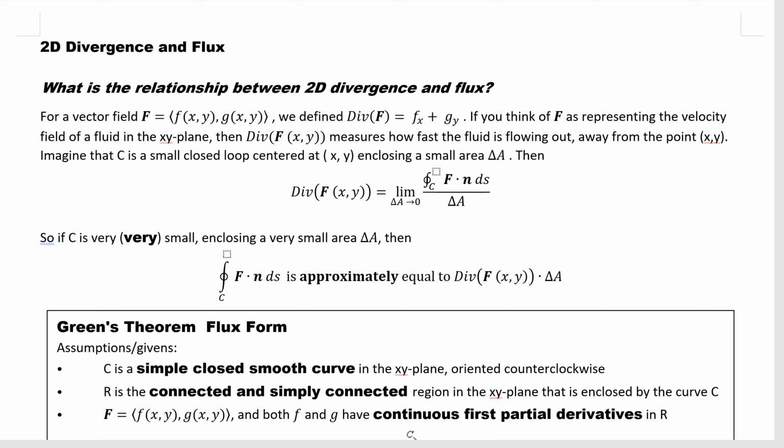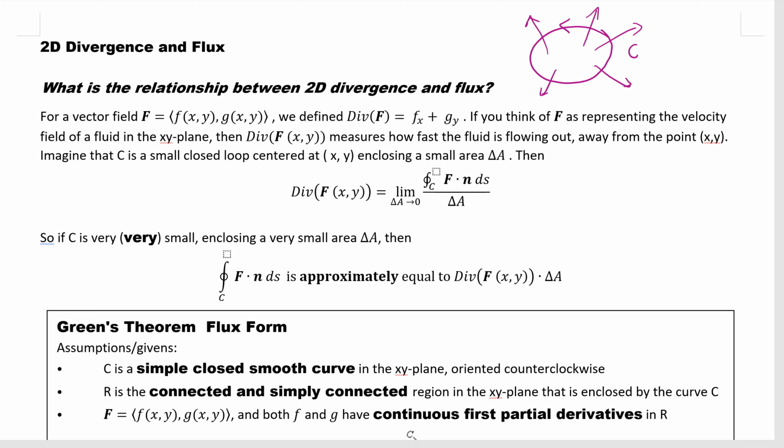Remember what the flux is? If our curve is going this way counterclockwise, flux measures how much the vector field is going across it, from the left to the right. Then this is like measuring how much vector field is going outside of this curve, outside of this loop.